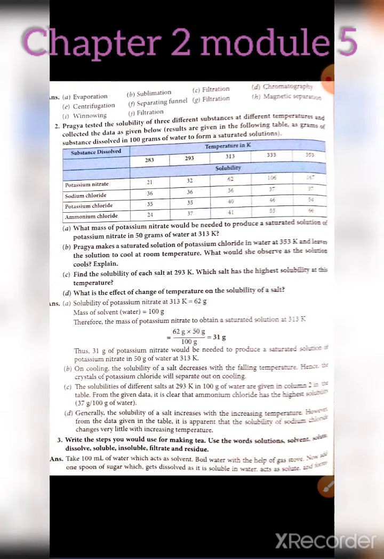So the answer will be, solubility of potassium nitrate at 313 Kelvin will be 62 grams. It is given in the above table. Mass of solvent is 100 gram. Therefore, the mass of potassium nitrate we have to calculate. So that will be 62 multiplied by 50 upon 100, that will be 31 grams.